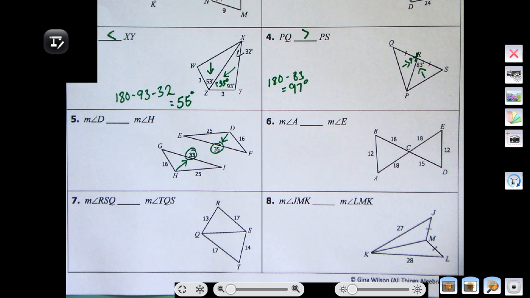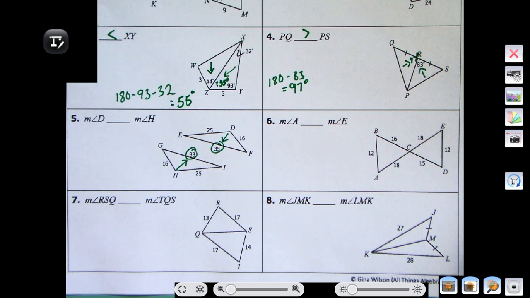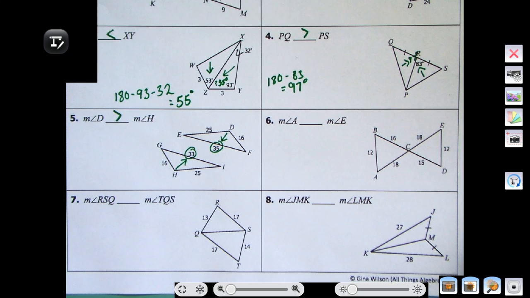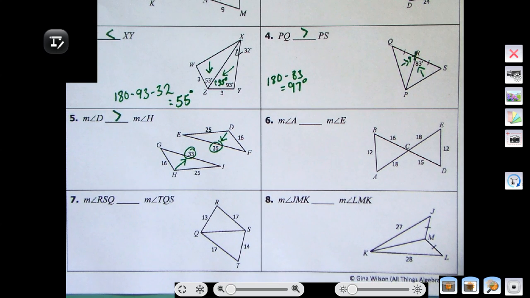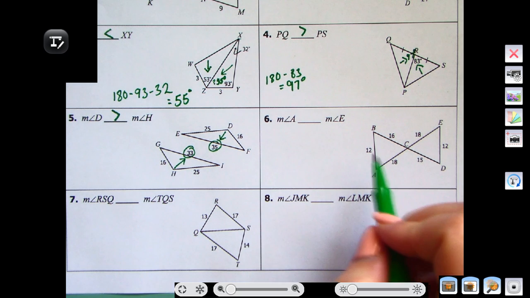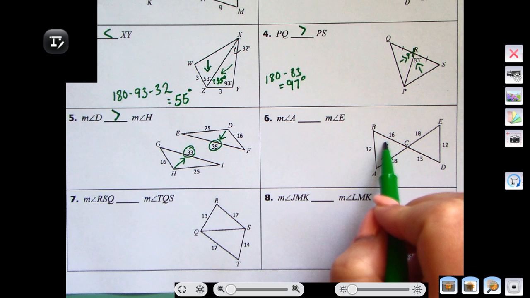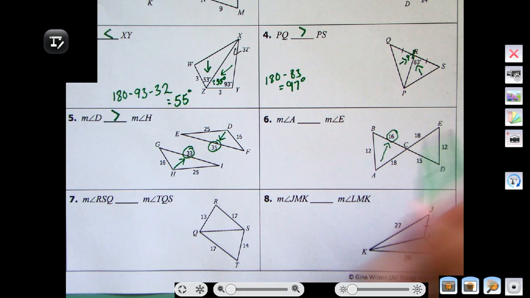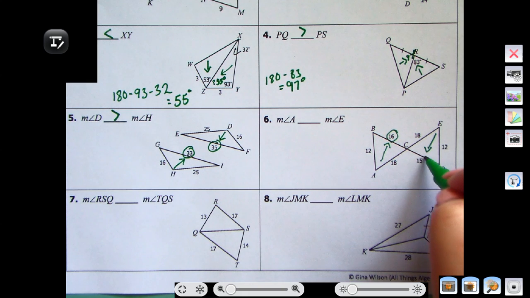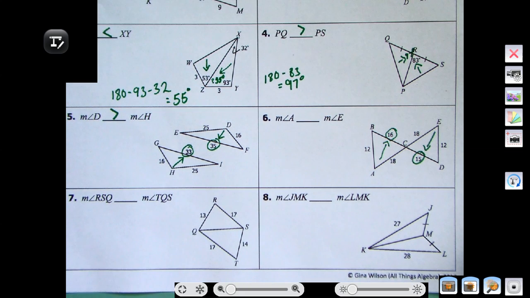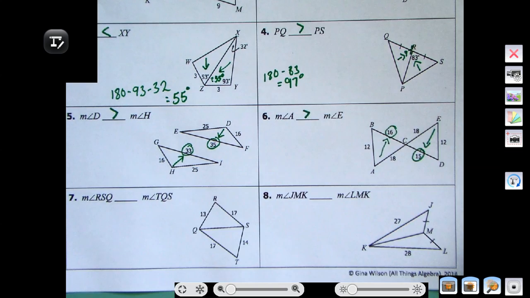So which one would be bigger? Angle D. All right, now number 6. So angle A and angle E. So let's look at the side across from. Angle A is across from 16. Angle E is across from 15. So what's bigger? Angle A.